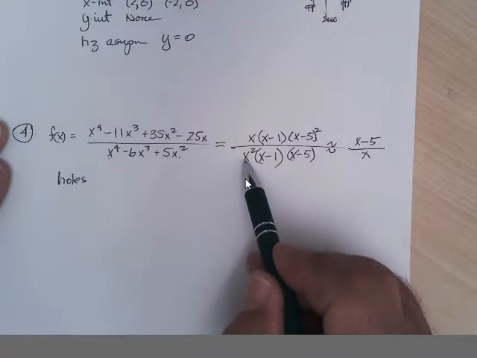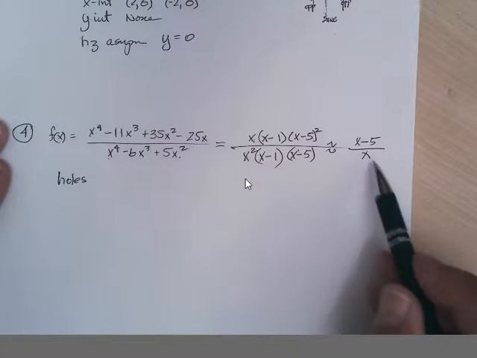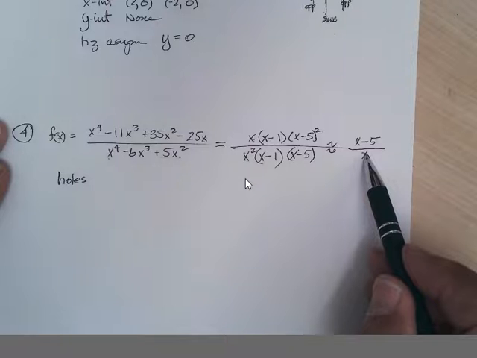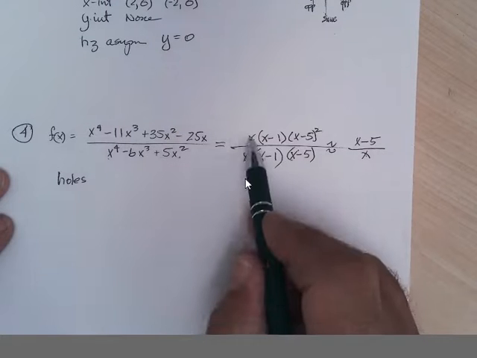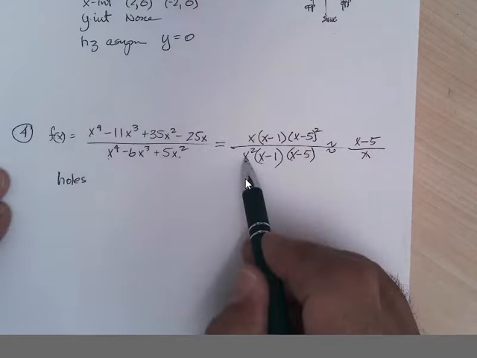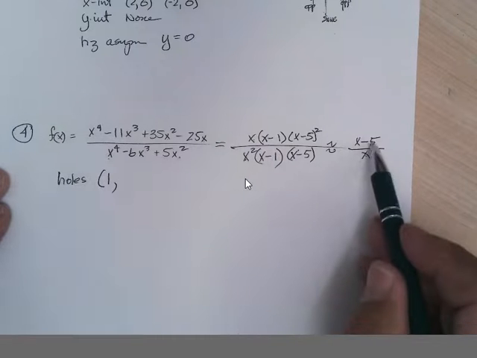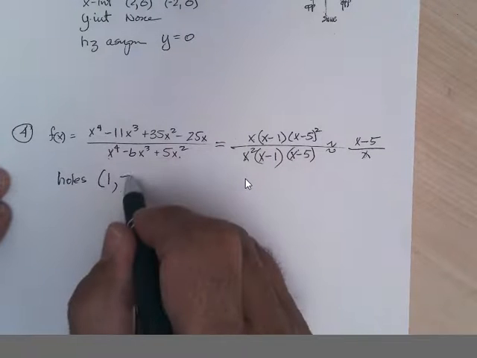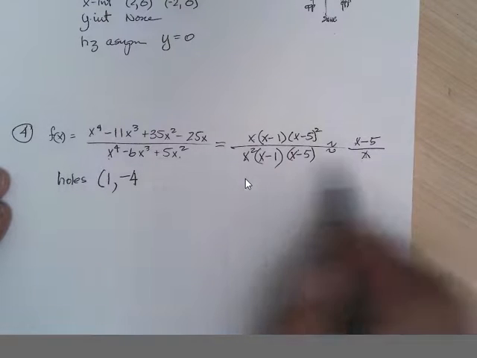Well, we've got one at 0, but there's an extra factor there of x, and so that says it can't be there. There's an asymptote at x. So that one doesn't have a hole, but at 1 there's a hole. And if I put 1 in, I get minus 4 over 1, which is minus 4. 1 minus 5 is negative 4 over 1, negative 4.